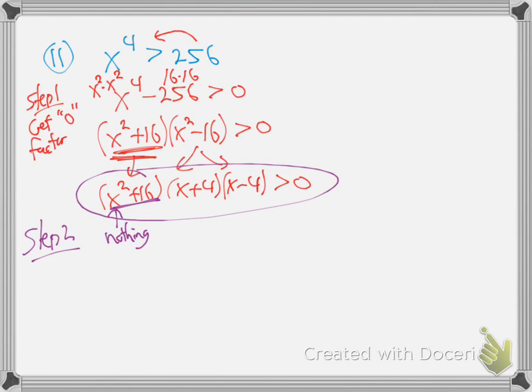It's not going to be 0. And then this part, what makes that part 0? Negative 4. What's the power on him? 1. He's going to be a pass-through. What makes that part 0? Positive 4. What's the power on him? 1. Pass-through. So we just have those 2. We're ready to go to the graph.